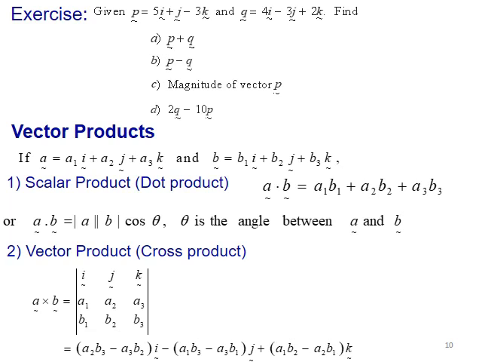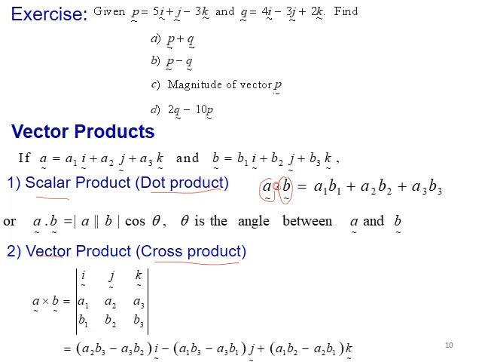Now for vector products, you already studied two types of products, scalar product and vector product. Scalar we call the dot product, and vector product the cross product. For the dot product, you have two vectors, a dot b, you see here the circle, the point. Now the dot product will produce a scalar value, for that we call it the scalar product.